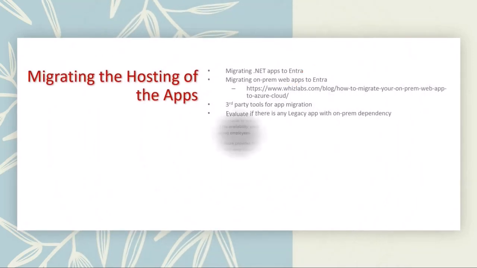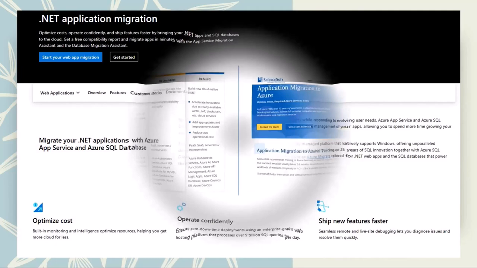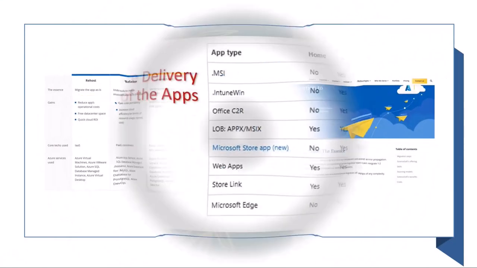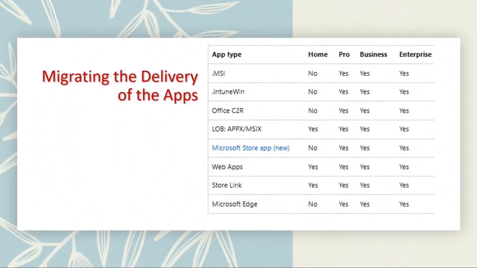So let's say when you were in your on-premise, if your devices were hybrid Azure AD joined and enrolled to Intune, then most probably the delivery of that application was already happening from Intune. But just in case all the applications were not getting delivered to the device from Intune, I guess most of us are already aware about the delivery of applications in a Windows device from Intune.